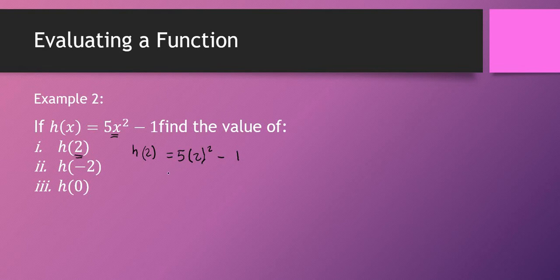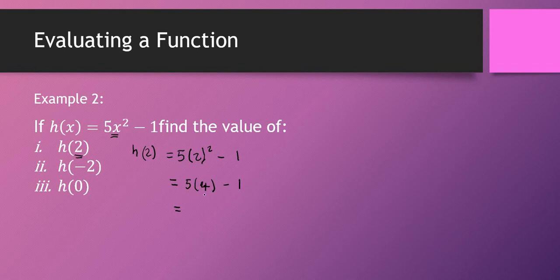Here now, all we need to do is to simplify. So you're going to simplify using the order of operation. So we're going to square first. So 2 squared, that is going to give us 4. So it's going to be 5 times 4 minus 1. And we still can simplify this some more.